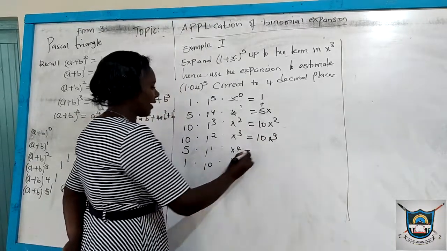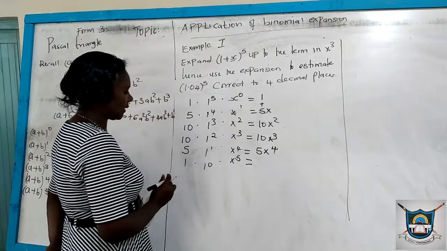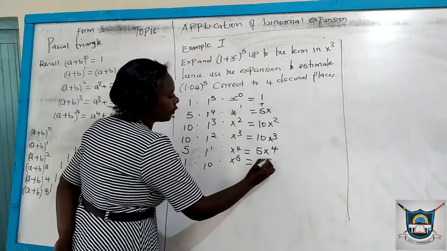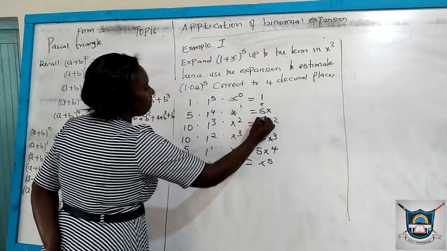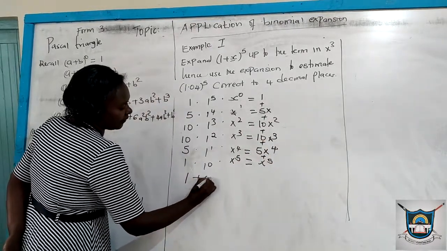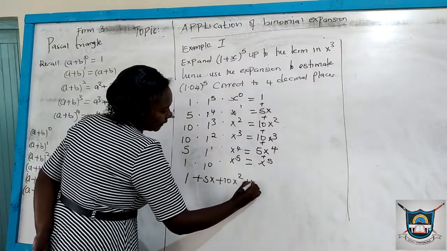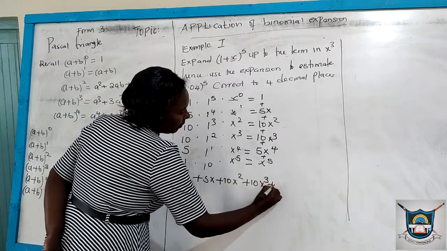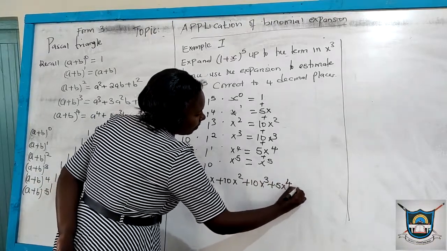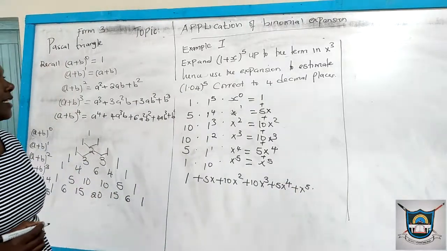The fifth one gives us 5x to power 4, and the last one gives us x to power 5. So our answer is 1 plus 5x plus 10x squared plus 10x cubed plus 5x to power 4 plus x to power 5. That is the knowledge of the previous lesson.